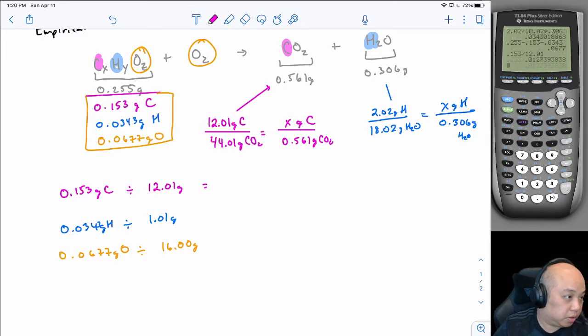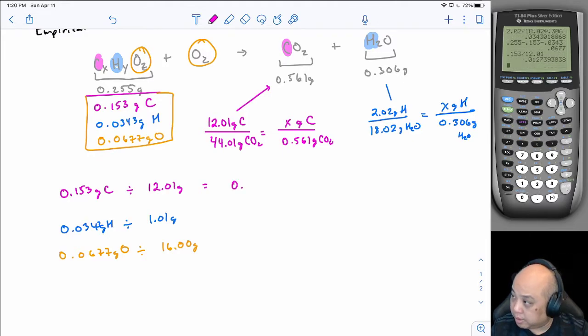Okay, so 0.153 divided by 12.01 gets me 0.0127 moles. Sorry, I was looking at my work from last Saturday, and I think I miswrote a number on there now that I'm looking at it.